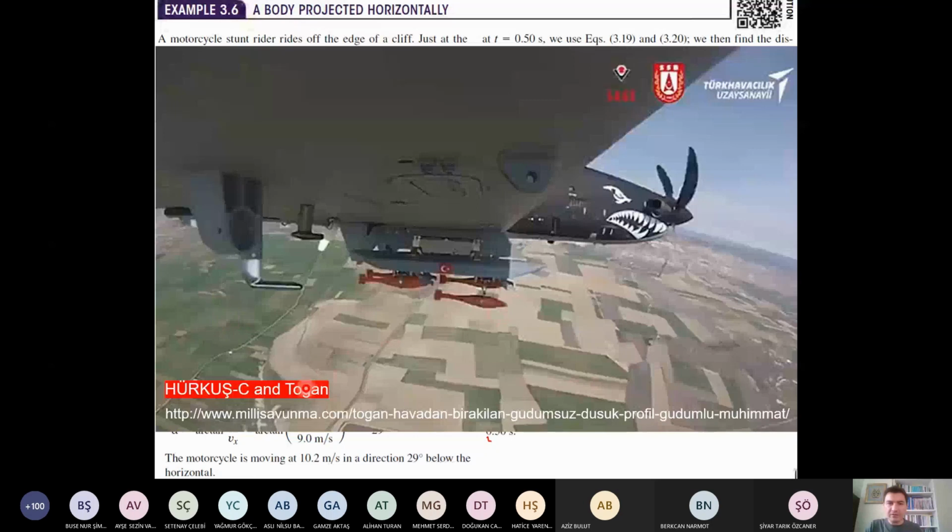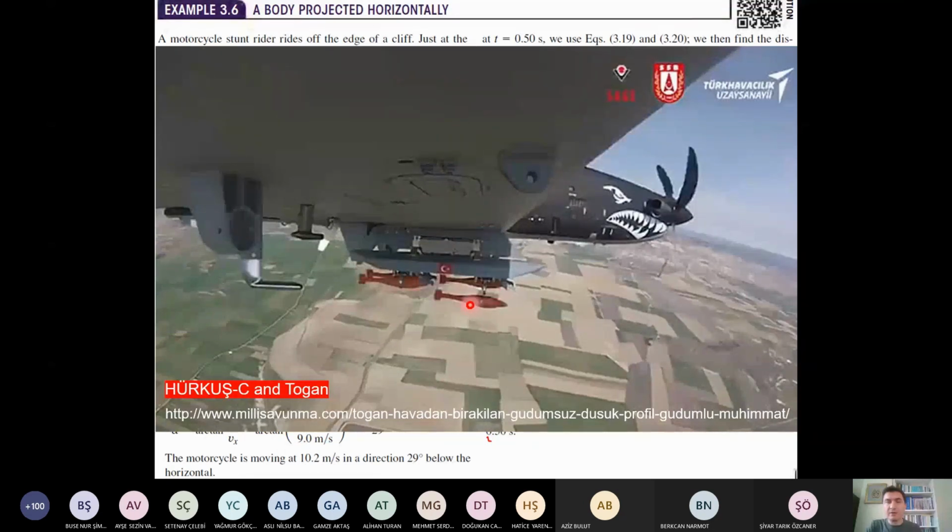So let's consider that this Hürkuş-C plane is moving along the positive x direction with constant speed, with v0. It is moving with v0 along the positive x direction, and then the weapon is released with v0. Then it will have projectile motion as we have investigated here.